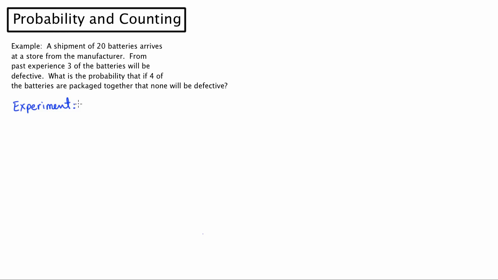And probably the easiest way to describe this experiment is I'm going to pull out, or choose, 4 batteries from a shipment of 20. And that shipment of 20 contains 3 defective.